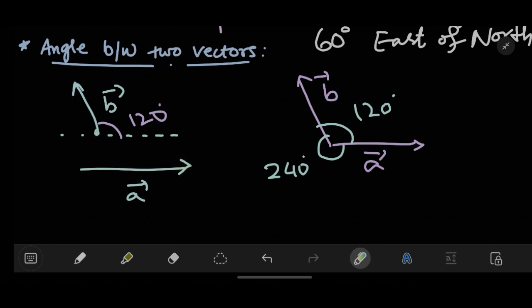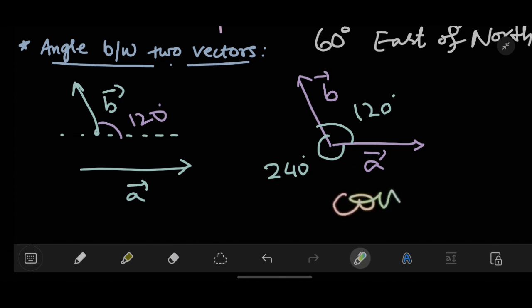B vector makes an angle of 120 degrees when we take the x-axis as reference. What you have to do is imagine the two vectors as co-initial without disturbing their directions. Then the angle between them, which is less than or equal to 180, is considered the angle between the two vectors. I have already discussed co-initial vectors in the types of vectors video, so do watch that video.